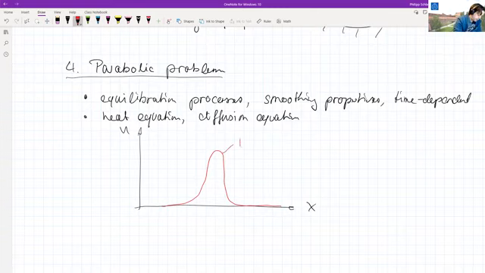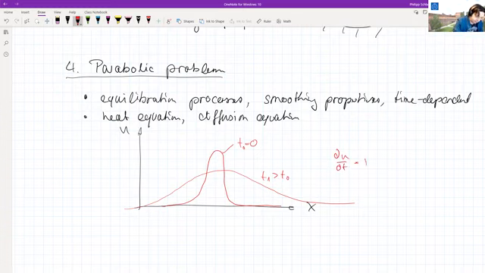If I start at time 0 with a solution that looks like this, a sharp peak, what then happens when I subject this to a parabolic or diffusion type of equation? This hump will smoothen out over time. It will diffuse away. This can be at T1 being larger than T0. And the equation, if I'm assuming this was the heat equation, could be something like: ∂u/∂t = ∂²u/∂x².